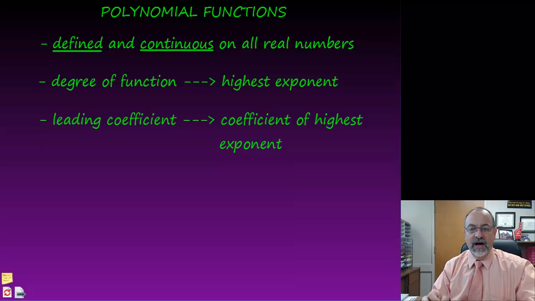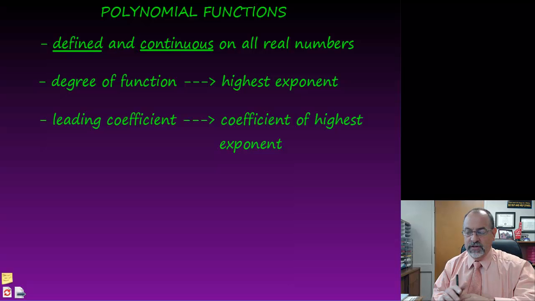If it's not, I put it in standard form, and then I start working on the problem. Because then when I'm looking for the degree, I know it's the first term. When I'm looking for the leading coefficient, I know it's the first one. And that way I make sure I don't make that error of thinking that it's always the first, because that's not the mathematical concept. It's not always first. It's the highest exponent wherever it is.